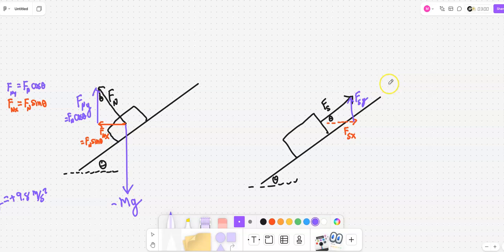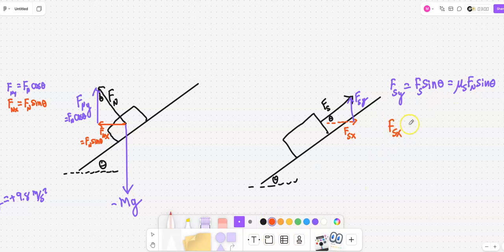Friction is still pulling up, so force static y is going to be force static, and this is the opposite side, so this will be sine of theta. The force of static friction will be equal to mu s times the normal force times the sine of theta.